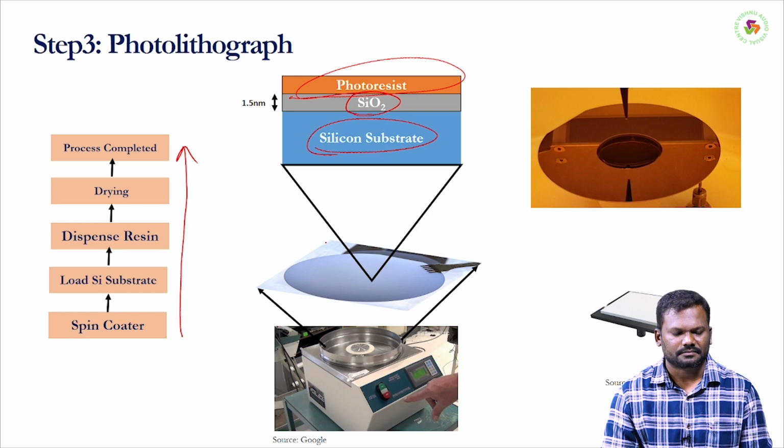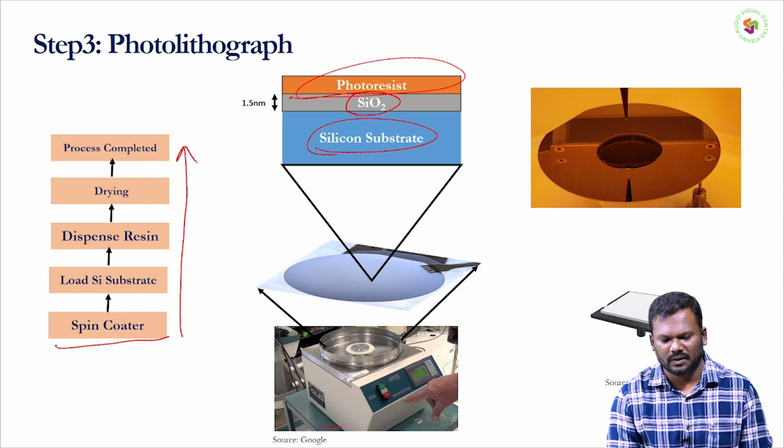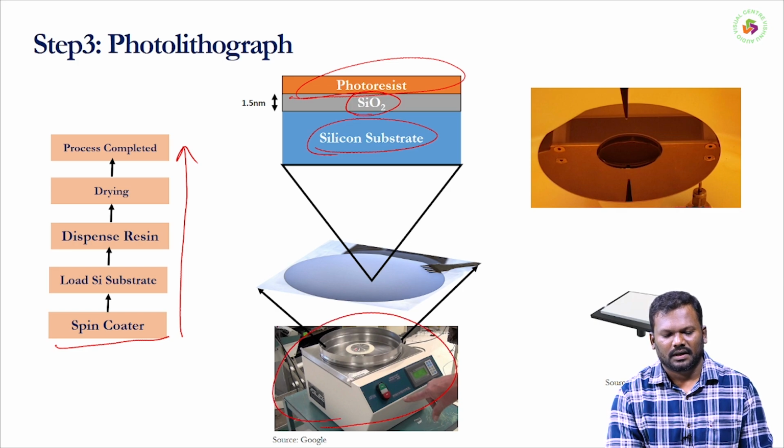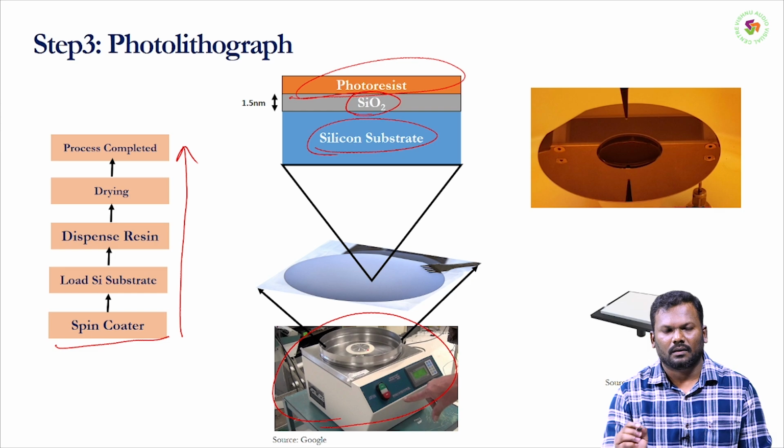First of all, you need to have a spin coater. So this is the spin coater, as you can see. In the middle, you need to place your silicon substrate, the silicon dioxide grown silicon substrate.